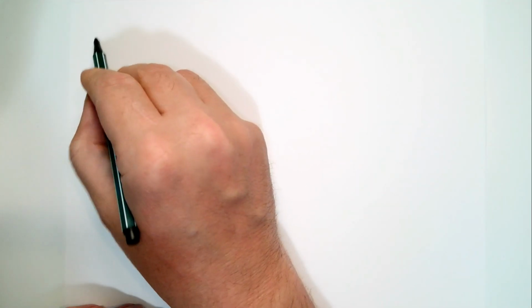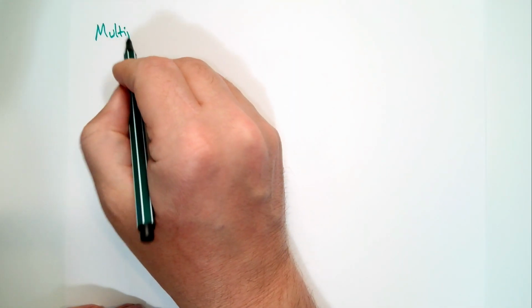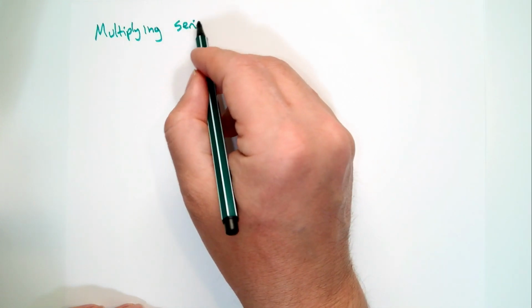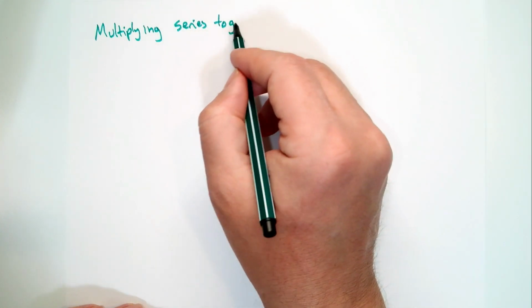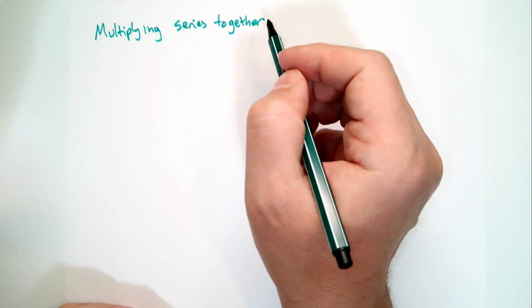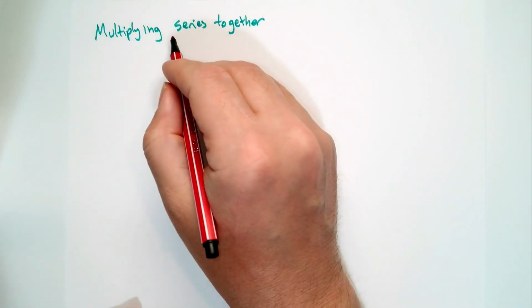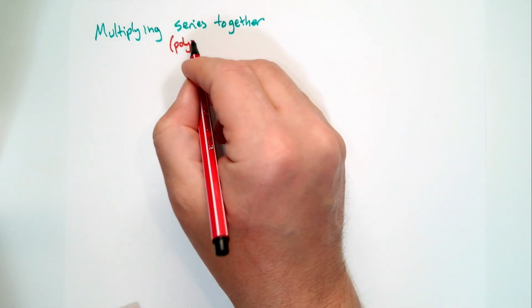Multiplying series together. So let's just do a quick recap of how that works. It's actually not so bad. In fact, the philosophy is pretty straightforward. So suppose instead of multiplying series together, I asked you, can you multiply polynomials together?